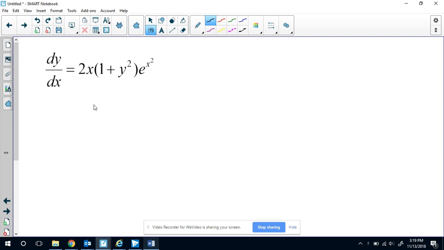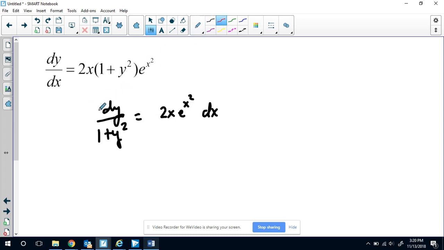So we're going to move all the things that have y over to the left and all the things that have x over to the right. So I'm going to have dy over 1 plus y squared equals 2x e to the x squared times dx. So I divide by 1 plus y squared and multiply both sides by dx.